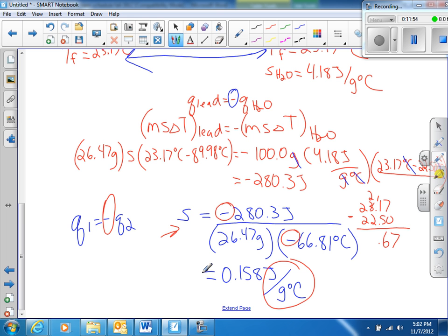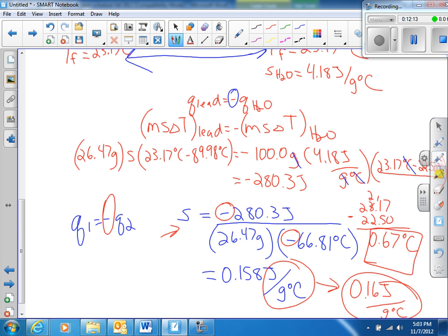When we do this subtraction, we end up with 0.67 degrees Celsius, and that subtraction leaves us with only 2 sig figs. So actually, our final answer should be 0.16 joules per gram degree Celsius.